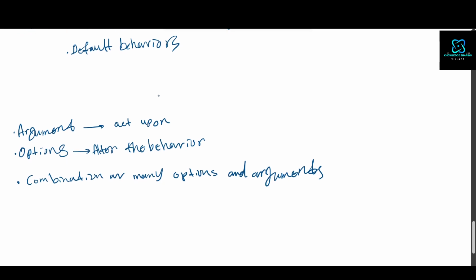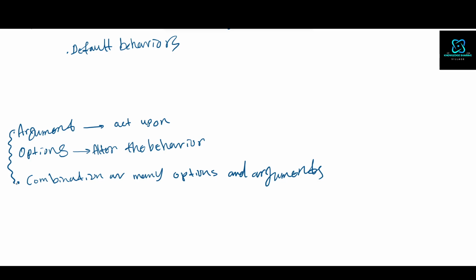Then the three main things that we are talking about in the command syntax: we have the argument, where you specify what your command should act upon. Then we have the option, which will alter the behavior of the command.